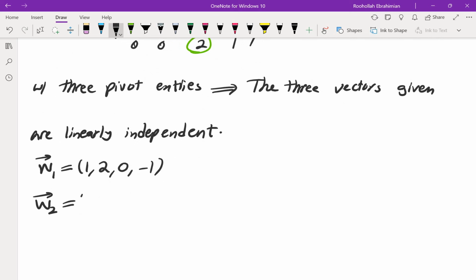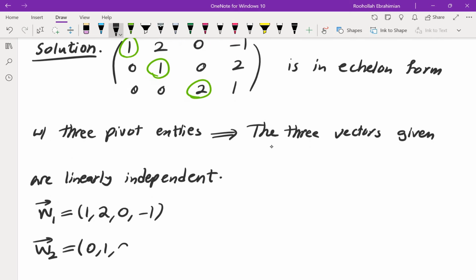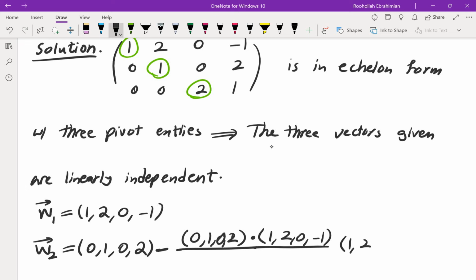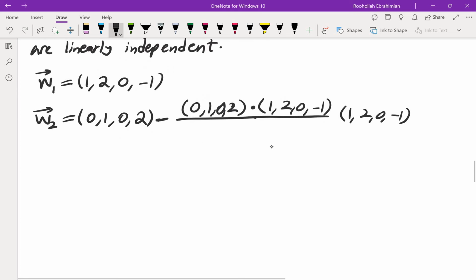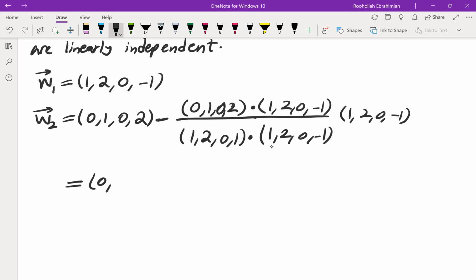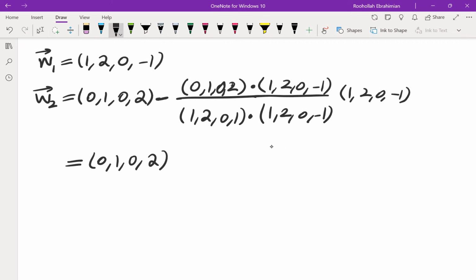W2 would be the second vector, 0, 1, 0, 2, minus the projection onto the first vector, 1, 2, 0, negative 1, so the inner product of the second vector with the first, times 1, 2, 0, negative 1, divided by the length of this vector squared, which is the inner product of this with itself. The dot product of these two would be 0 plus 2 plus 0 minus 2, so that's just 0. So we can just ignore that portion.